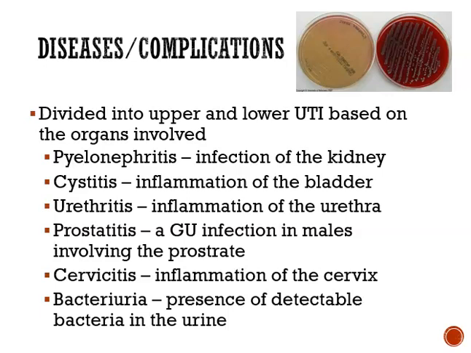Cystitis, inflammation of the bladder, is considered lower. Urethritis is an inflammation of the urethra, that is lower. Prostatitis, infection in males involving the prostate, would be considered lower. Cervicitis, inflammation of the cervix, is lower also. And then bacteriuria is just a term that refers to the presence of detectable bacteria in the urine.